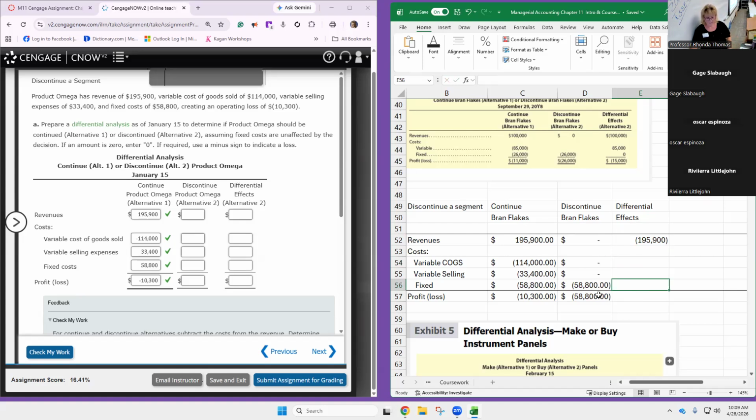You subtract this one from this one. These are the same number. So there is no difference in the fixed costs, okay? The fixed costs won't change. So that's why this is going to be 0, but these will have the opposite effect.